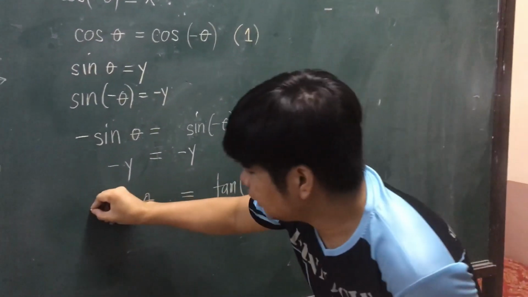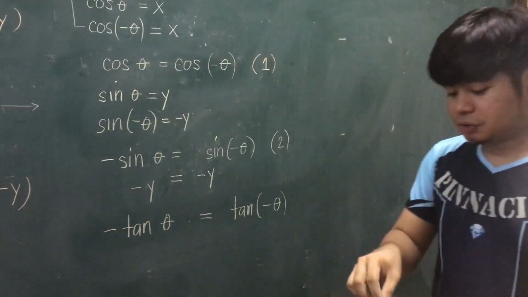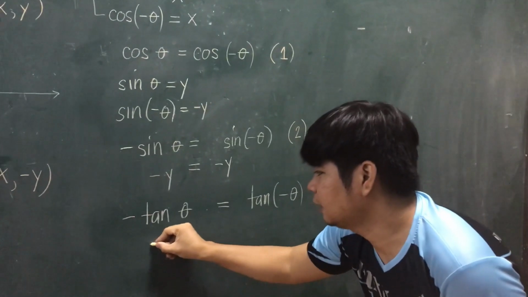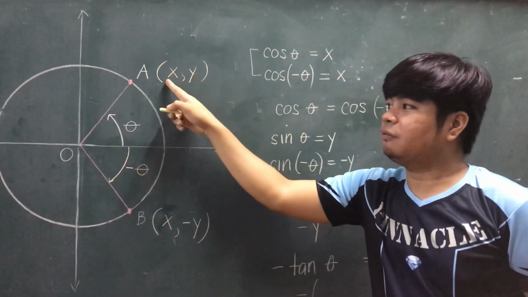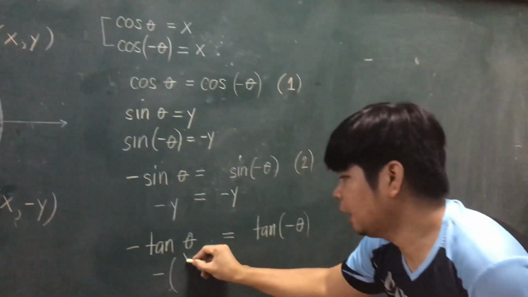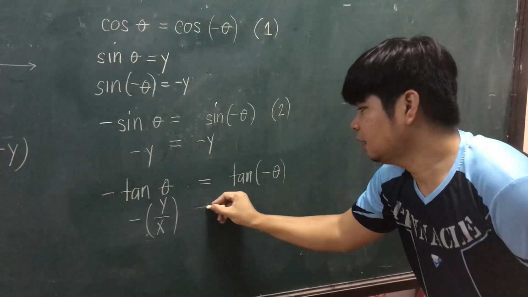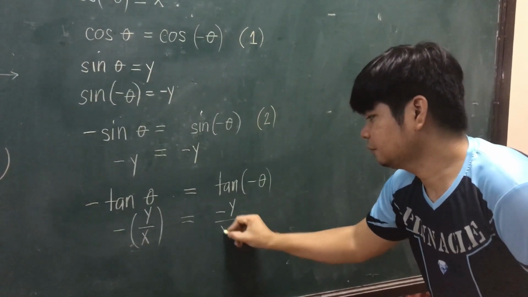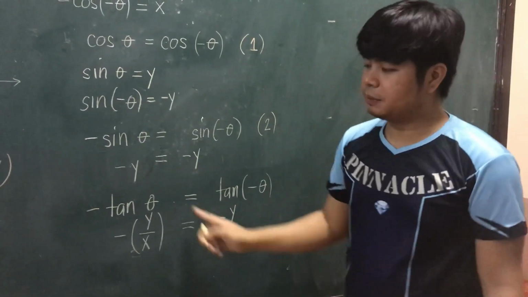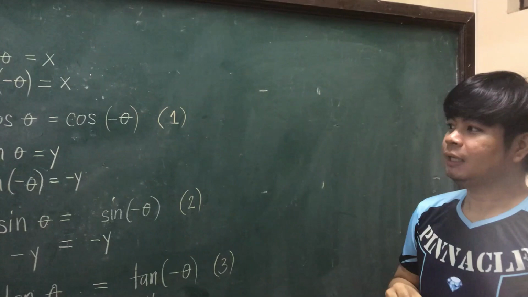Remember that tangent theta is equal to sine theta over cosine theta, which is y over x. And tangent negative theta is already negative y over x, because this is negative y, and this is x.